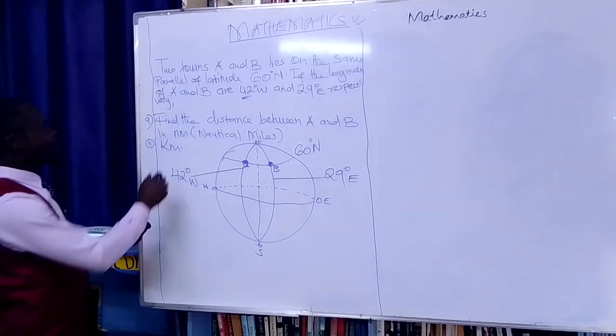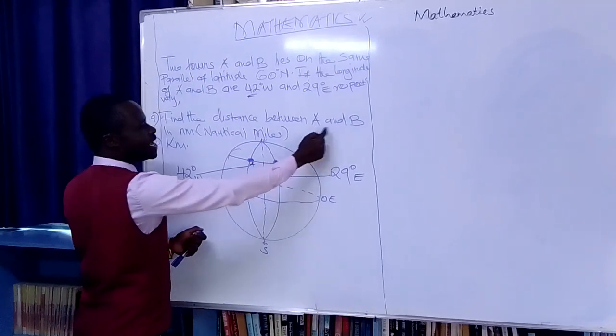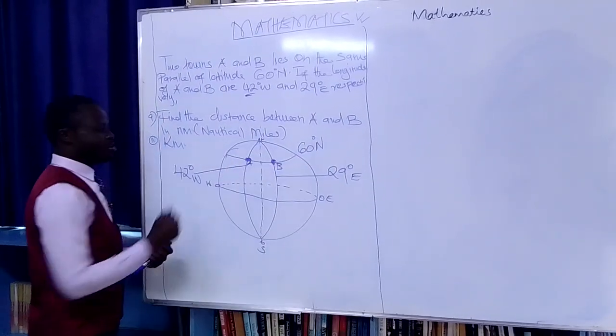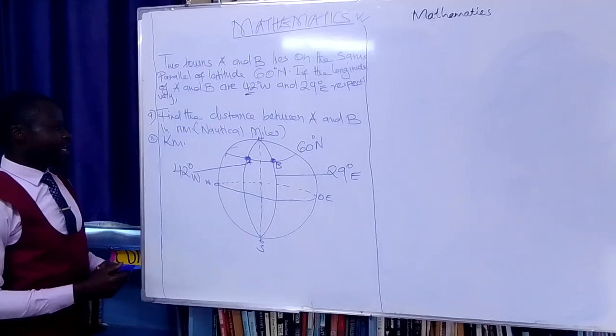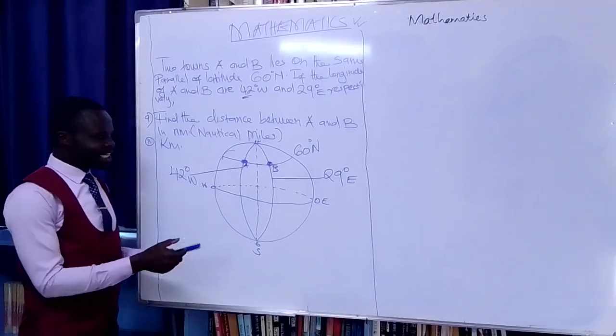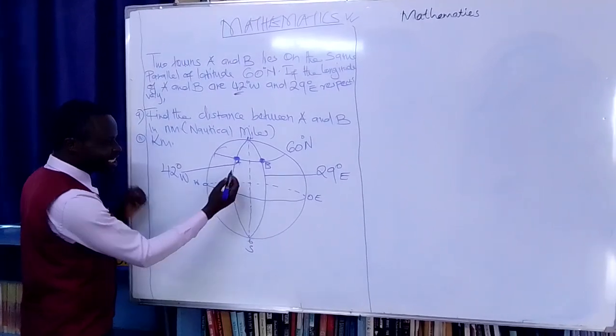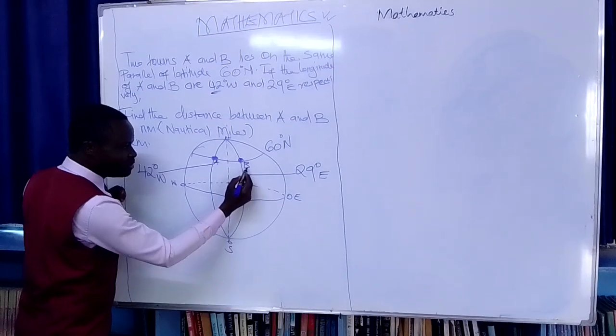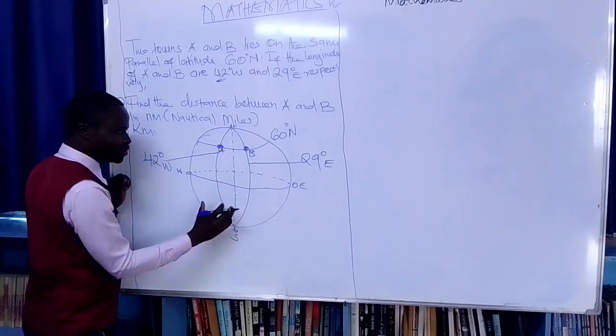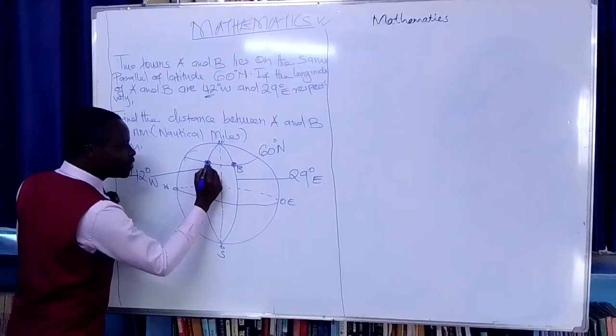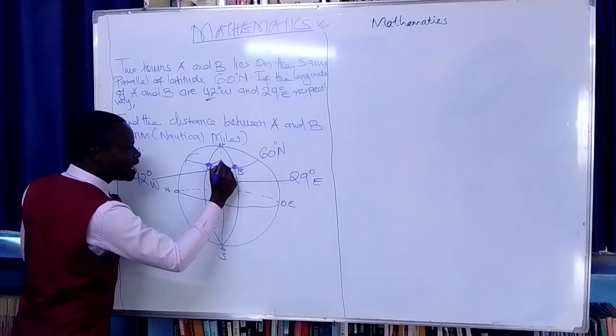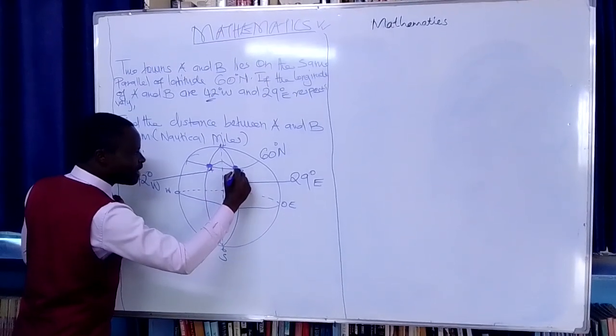Number one, find the distance between A and B in nautical miles. For us to get the distance, this is the distance from point A to point B along this latitude. And the latitude that is connecting this, we have a theta somewhere there.